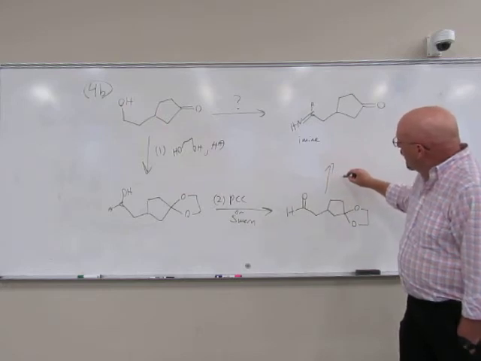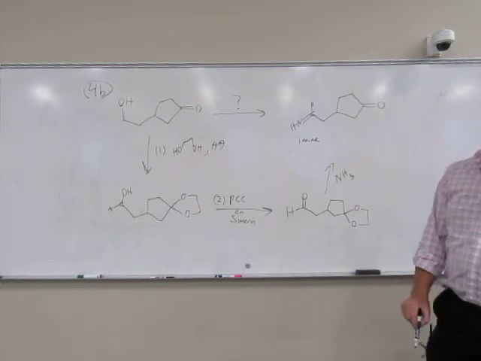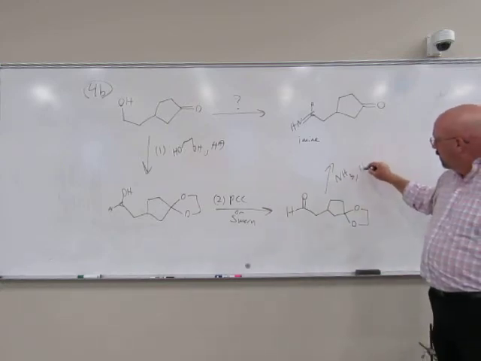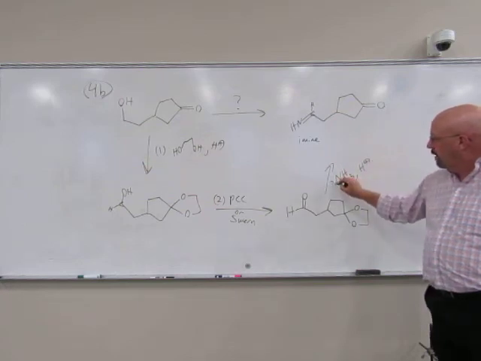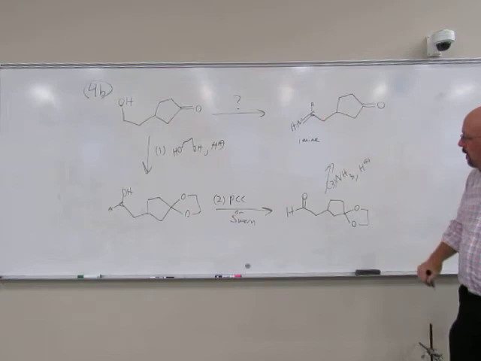Then we can react with ammonia. We'll use acid as a catalyst. That will be step 3. That will get us the imine.